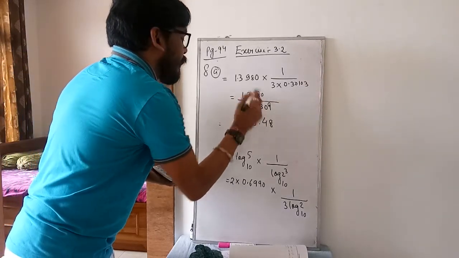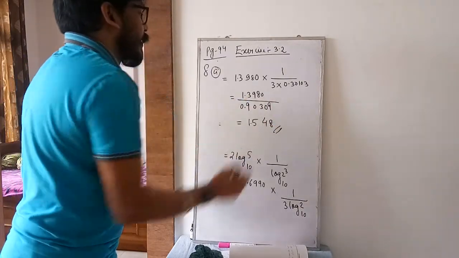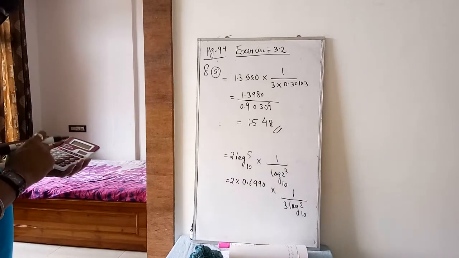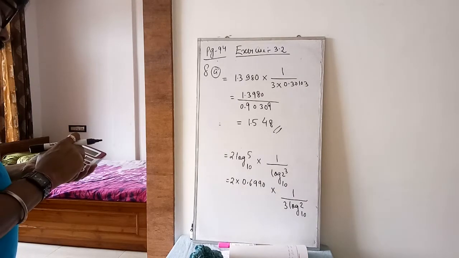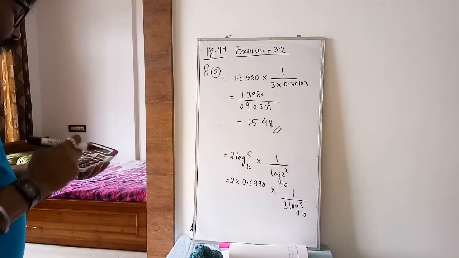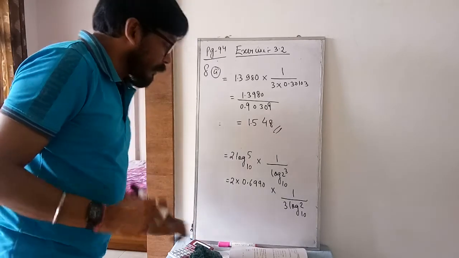It is 1 point, so it will be 1.548. While writing I made a mistake. 1.3980 divided by 0.90309, you will get 1.548. Hope it is clear. Take the screenshot.